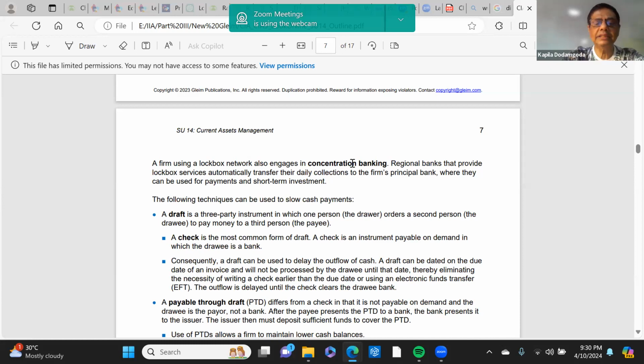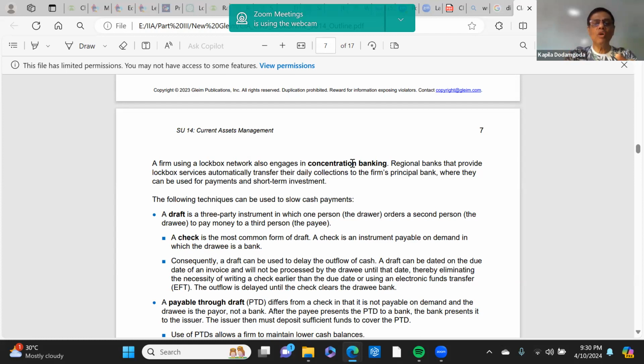Concentration banking is this: you may have a collection account and a main account, probably in a different bank. Especially in the US, there are a lot of regional banks, unlike in Sri Lanka, where you have Bank of Ceylon, People's Bank, Commercial Bank, and all the banks are available around the island. In the US, most of the banks are regional banks. So in each region, you may be working with a bank for the collection part, where the check comes to the PO box, and they deposit it and send you the information.